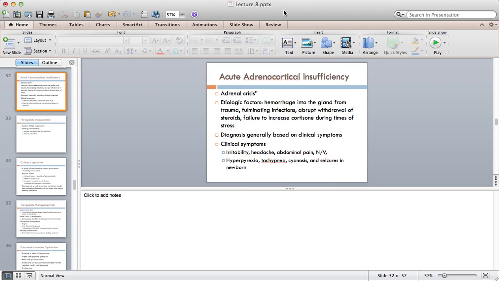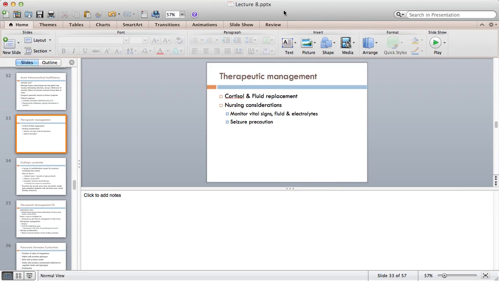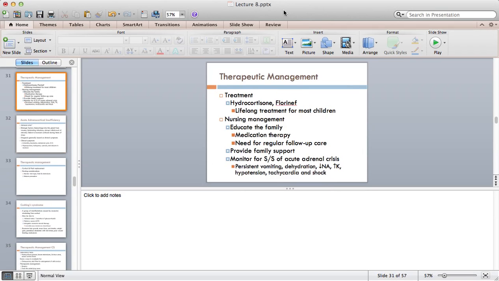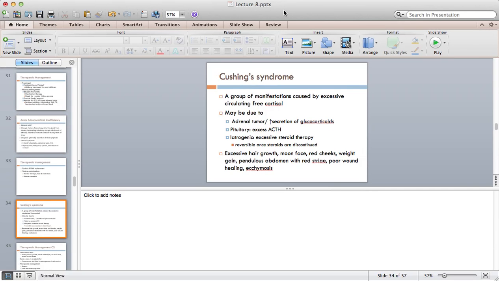This one is something that you all are familiar with. It is a syndrome. It is not one disease entity. It's a condition that occurs when you have excess cortisol circulating in the body, and the patient will develop very round cheeks, very fat, retaining fluid, with a pendulous abdomen, all just like a balloon.